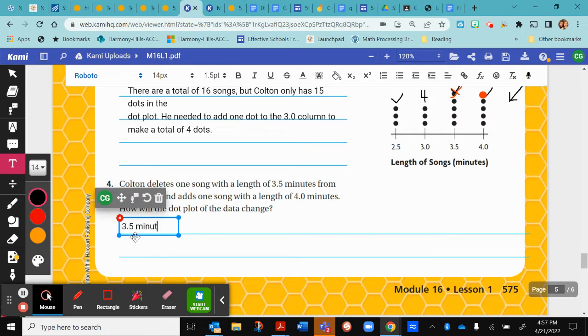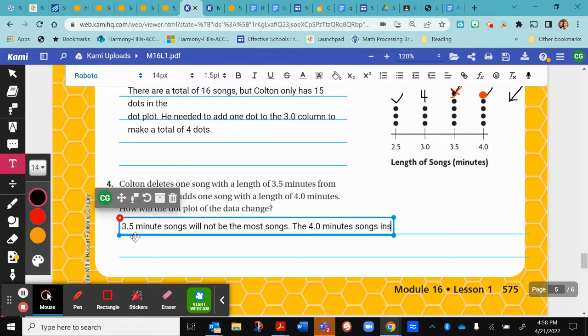So 3.5 minute songs will not be the most songs before. The 4-minute songs is now the most.